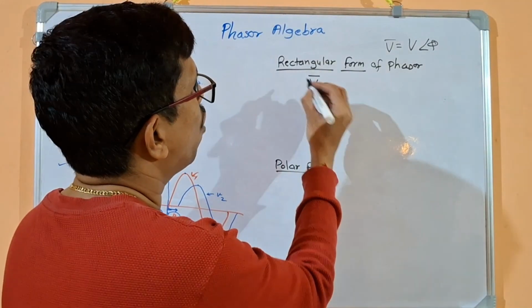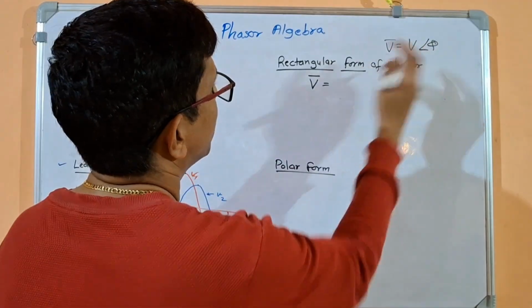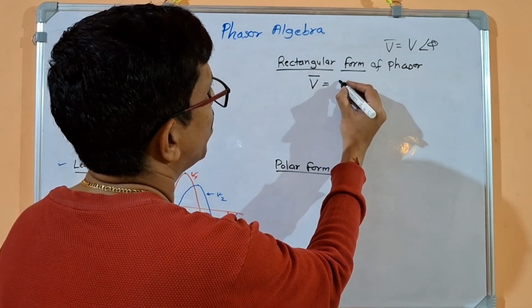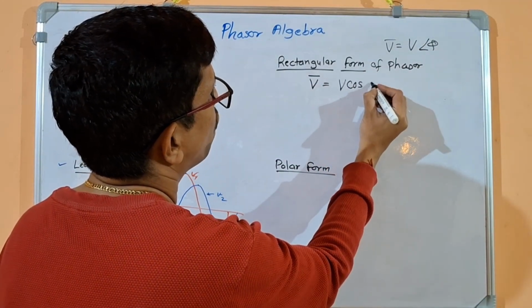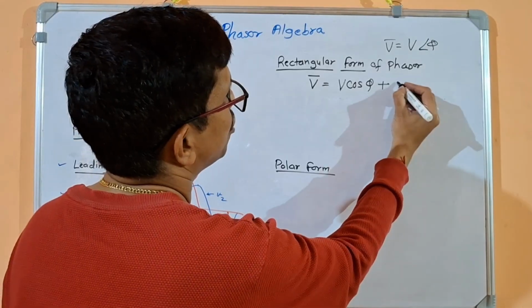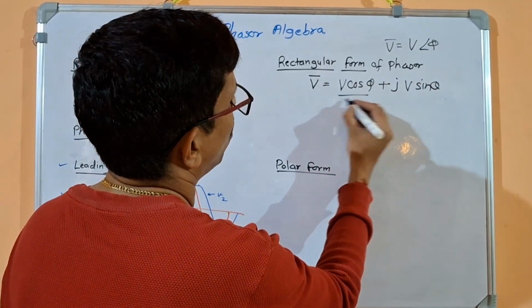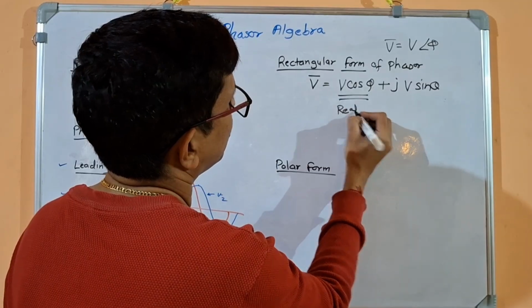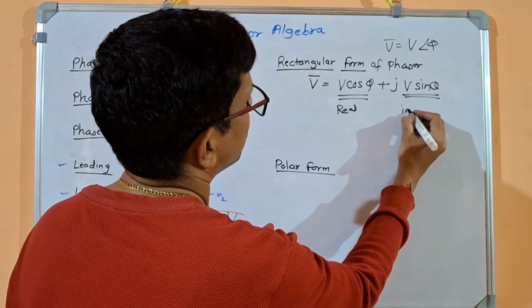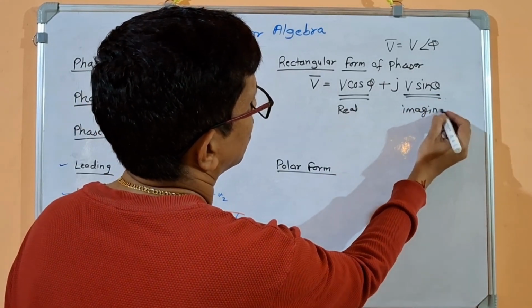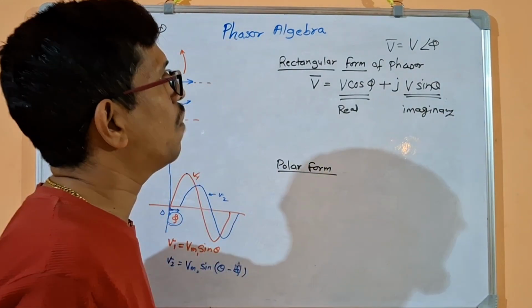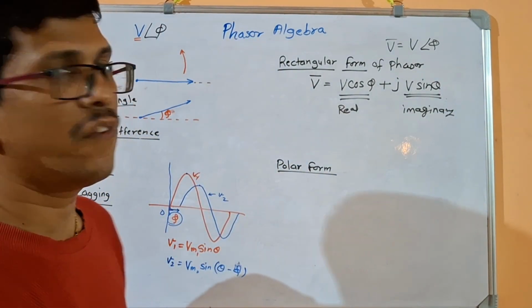So if you want to represent this phasor in a rectangular form, you have to take V cos phi plus j V sin phi. This is called as a real part. This is called as an imaginary part. Okay, these are the two parts of rectangular form of a phasor.